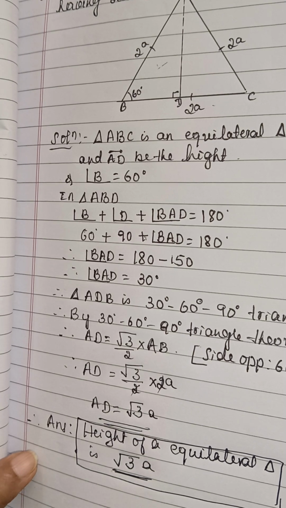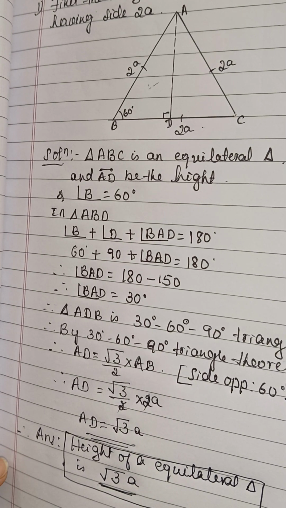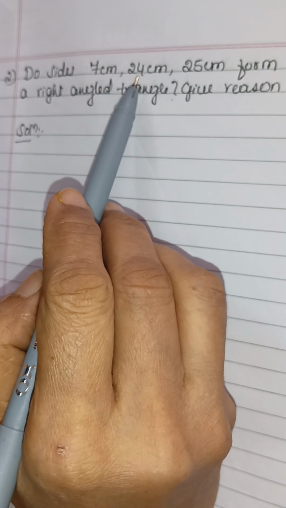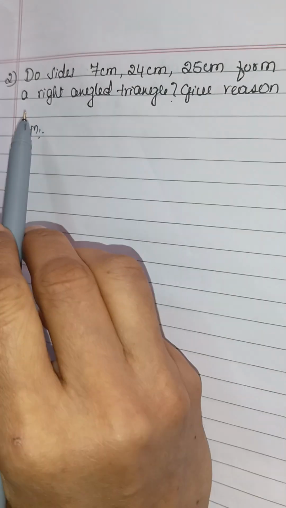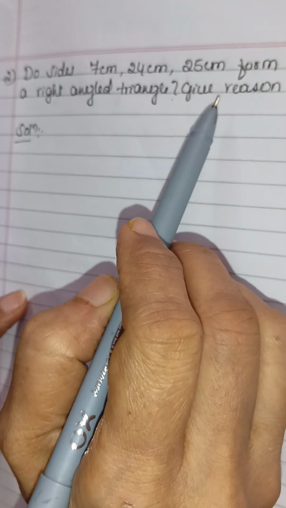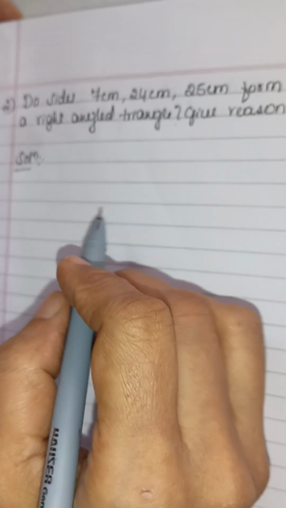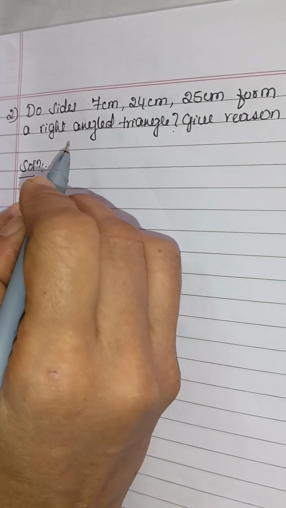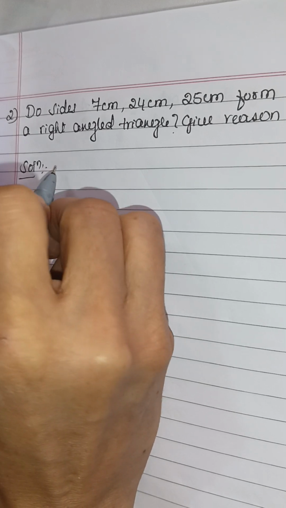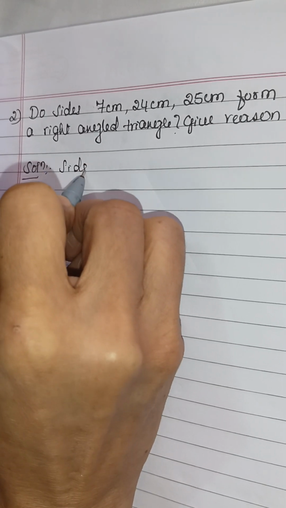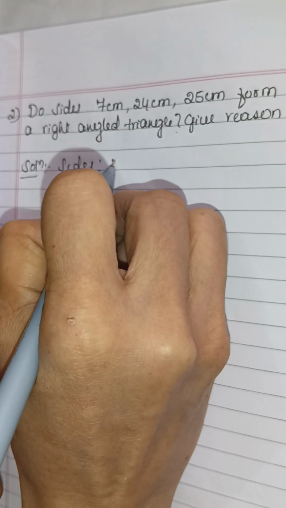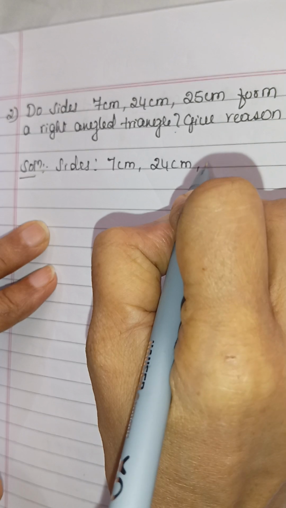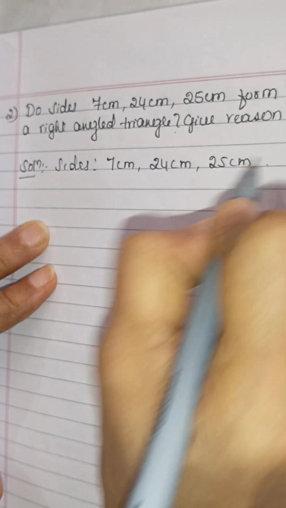The next one is: do sides 7 cm, 24 cm, 25 cm form a right angle triangle? Give reason. Let's check. The sides are 7 cm, 24 cm and 25 cm.